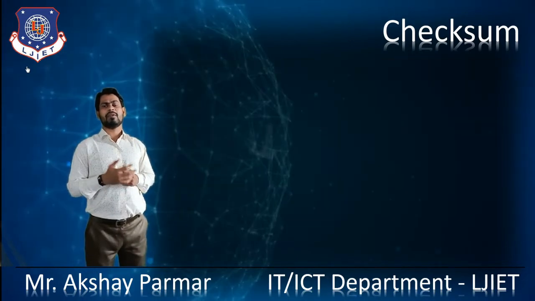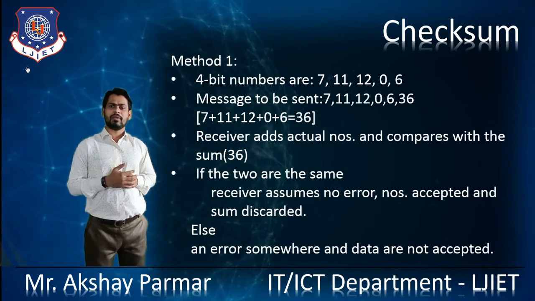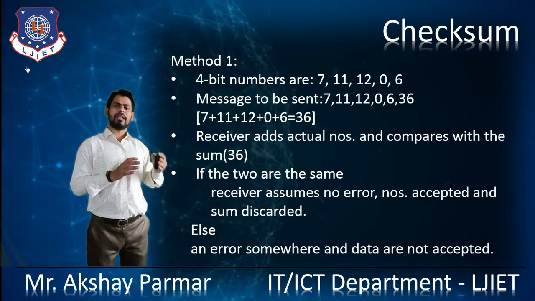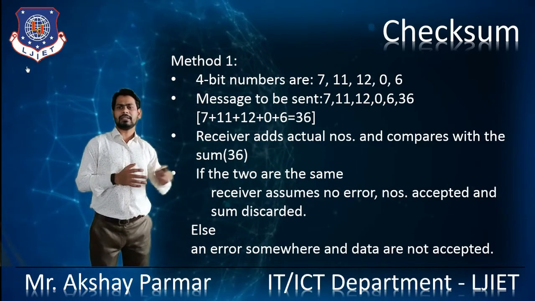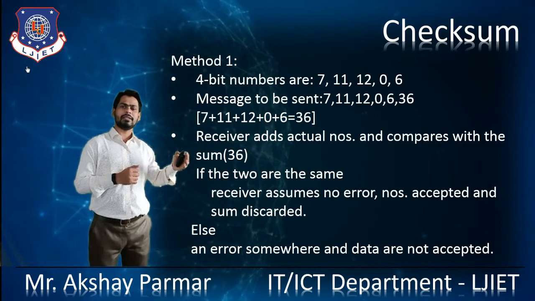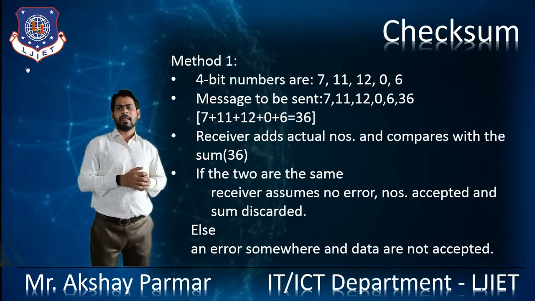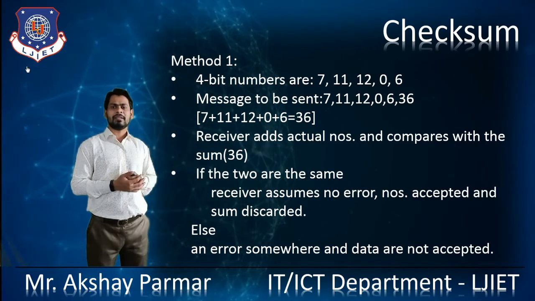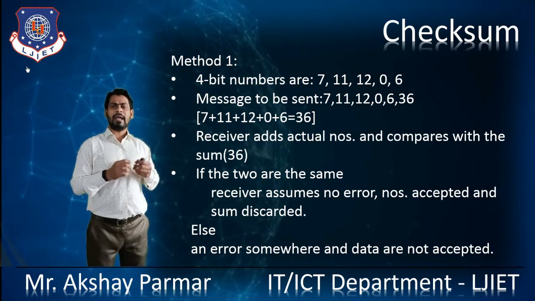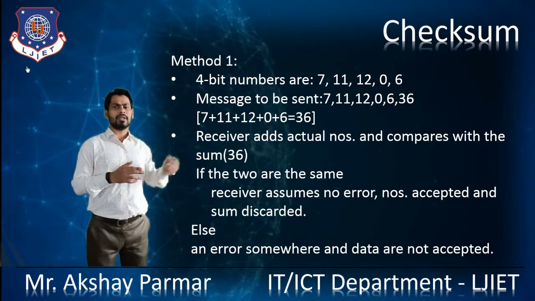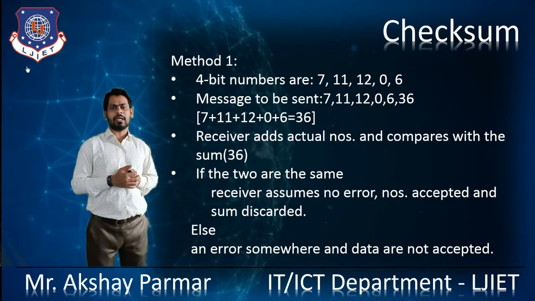Let's see it with two examples. First of all, method number 1. The 4-bit numbers are 7, 11, 12, 0 and 6. The message to be sent is 7, 11, 12, 0 and 6, and after that comes the sum of them: 7 plus 11 plus 12 plus 6 plus 0 is 36. At the receiver, it takes the actual numbers and compares them with the sum 36, which was already sent along with them.